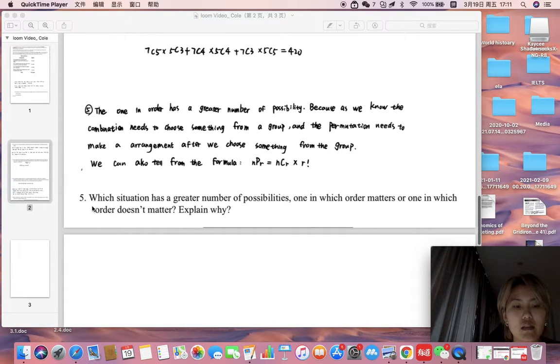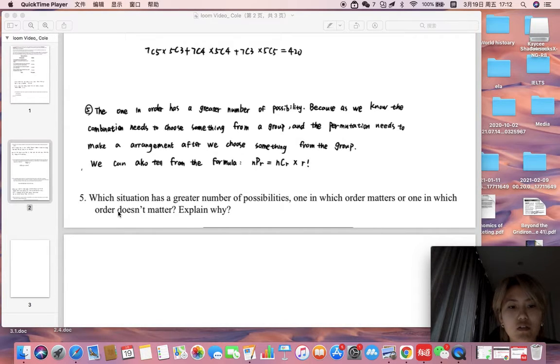And the last question is here. My answer is that the one in order has a greater number of possibilities, because as we know, the combination needs to choose something from a group, and the permutation needs to make an arrangement after we choose something from the group.